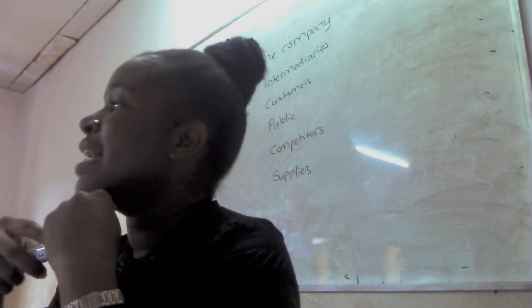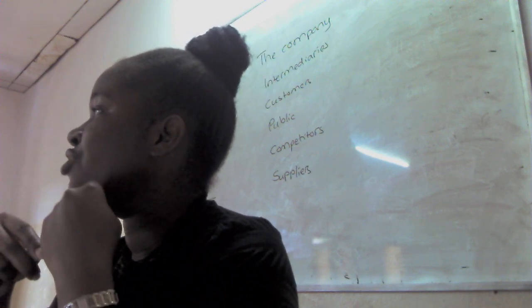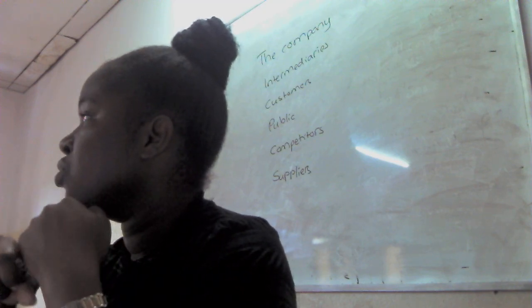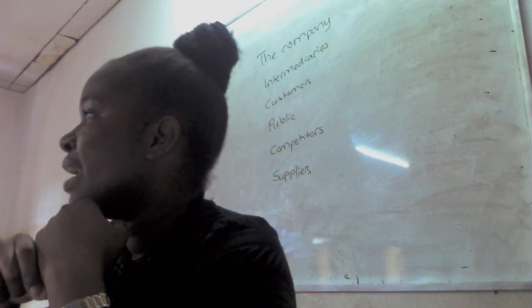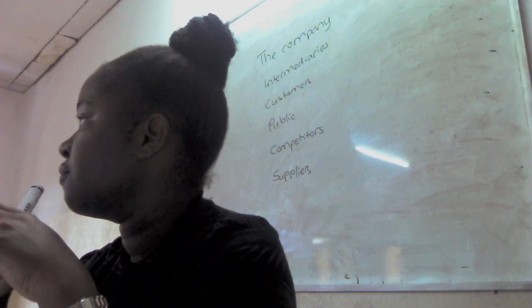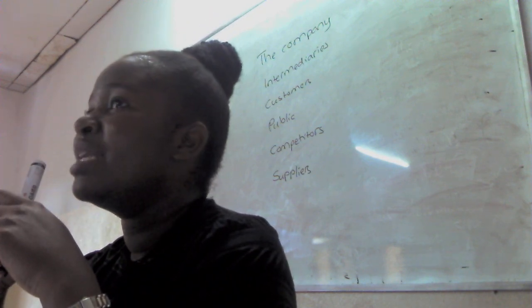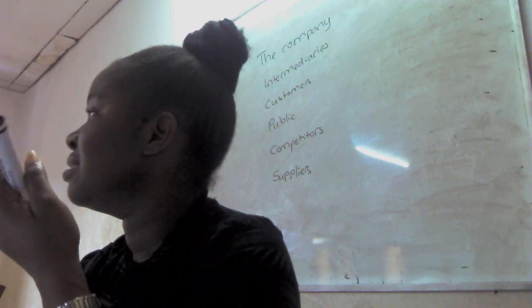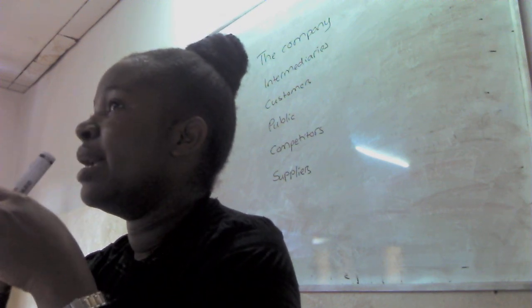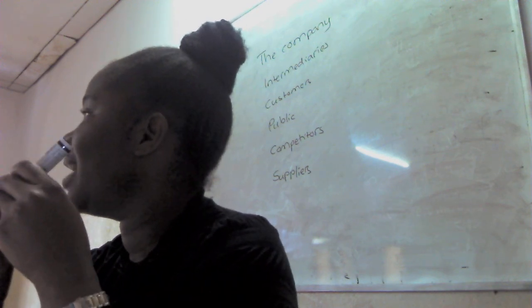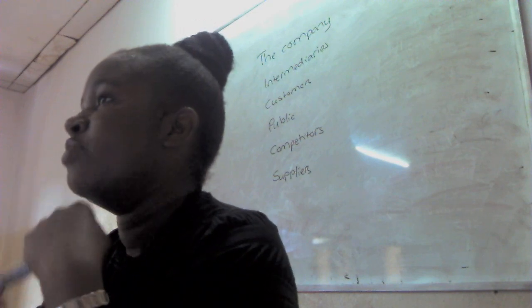And before you start a business, you need to make sure that in the industry you're going into, there are suppliers for your products or raw materials. If you go into an industry where the suppliers are few, you will be affected by the first part where I said if suppliers supply things late, it affects business.